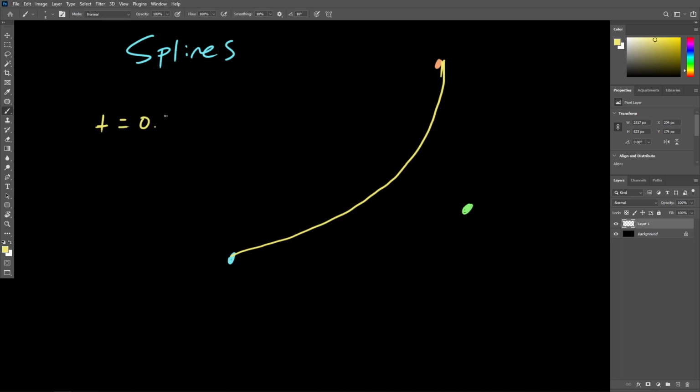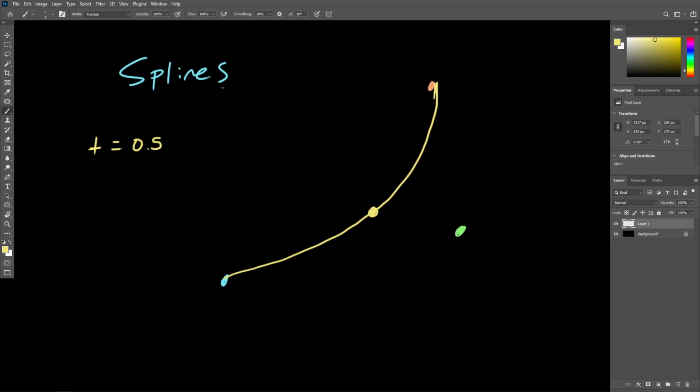So for t equal to 0.5, that'll be exactly halfway along the curve. We can solve for this point and figure out exactly where in two-dimensional space it is.